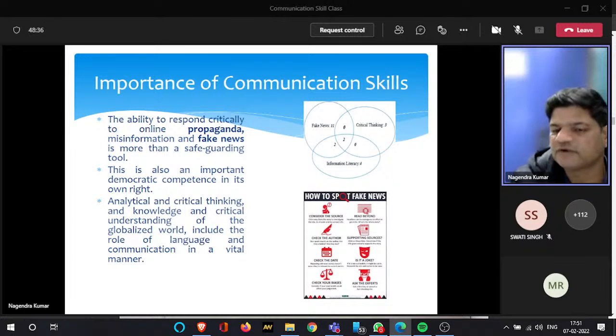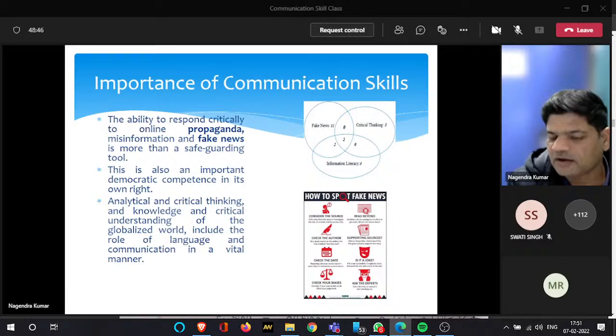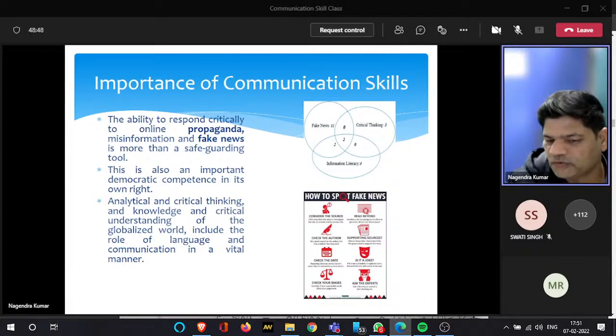Does he or she have any authenticity? And also find out the supporting sources. Check the date of it, and you can also find out whether it is a joke or something serious, and look for the biases.